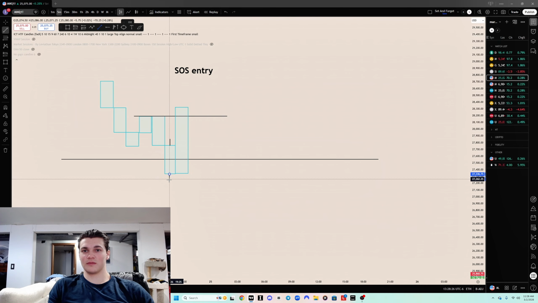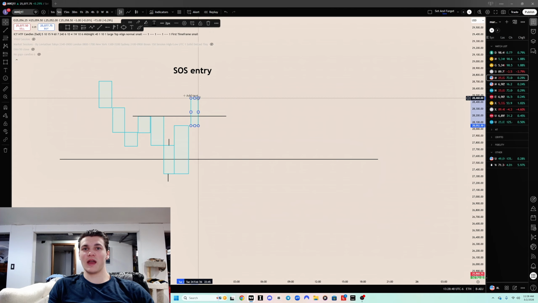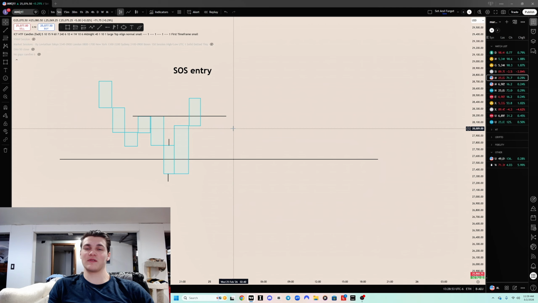We broke outside of this range, tapped into our POI, broke back above it, and then a shift of structure. Because this is not a shift of structure. If you open up here and you close here, you're not breaking above that structure point. You're still underneath it. So you would want to wait for price to break above that structure point, which I'll show you on live examples.